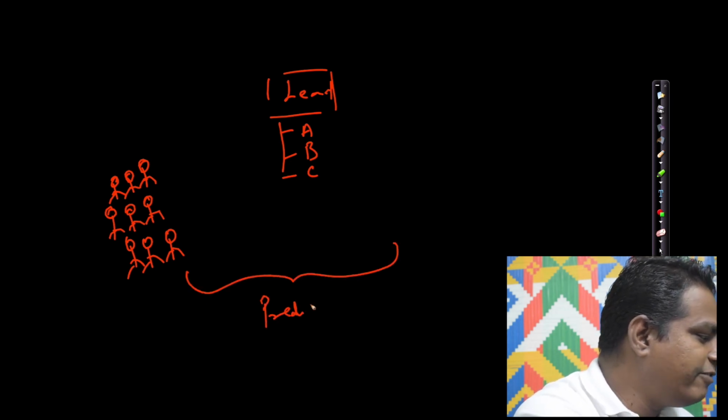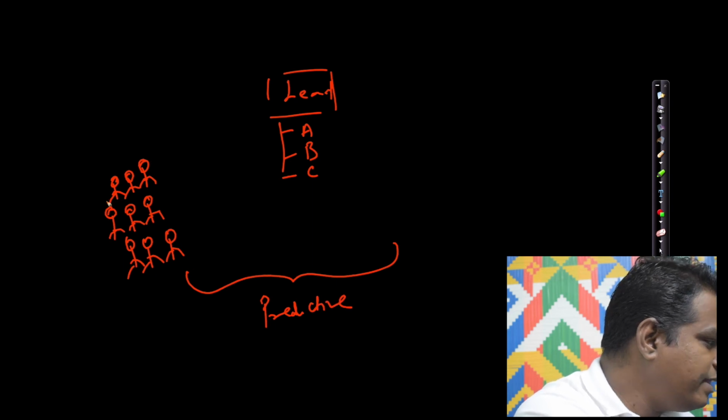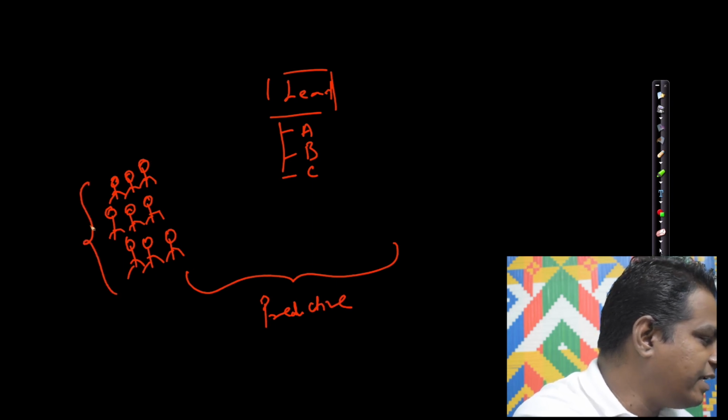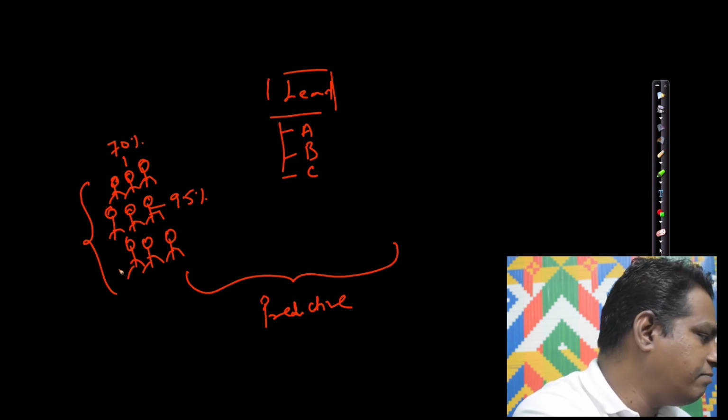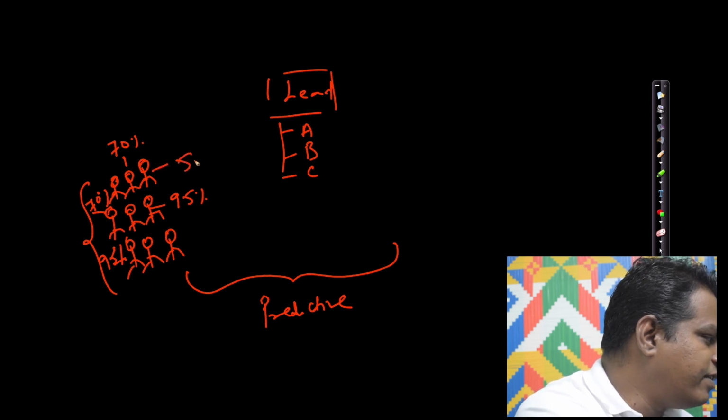What predictive modeling does is it looks at the characteristics of these leads, right? Let's say a lead like this is a 95% score, and a lead like this is about, let's say, 70%, right? And then another lead is again 95%, and then you have something which is about 70%. Now there is another lead which is 50%, right?